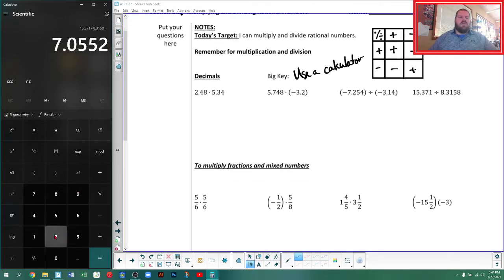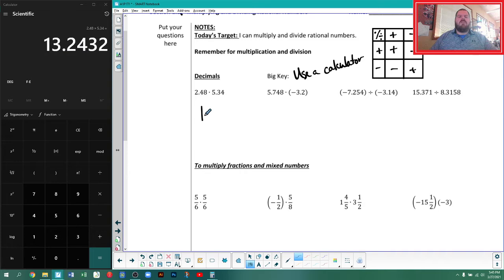So if I have 2.48 times 5.34, and I'm going to put most of the decimals on there on problems like this. Most of the time when I'm multiplying, if I add up the number of decimal places, that's how many decimal places my answer will have. So we get 13.2432. Okay, this one's probably also going to have 4 decimal places.